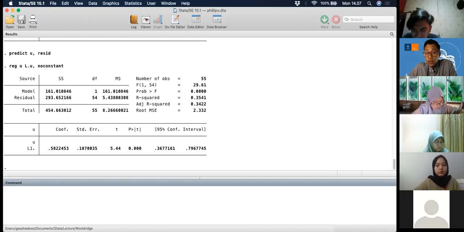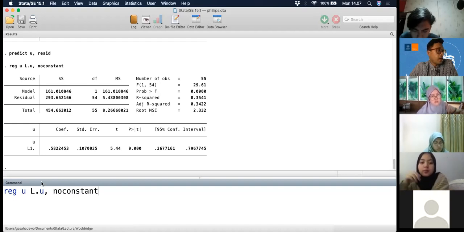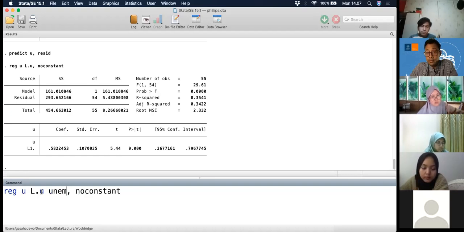Now, if you recall, this particular regression suggests that there is the strict exogeneity assumption. Now, you can actually relax the estimating equation. So instead of just regressing the residual on the lag of the residual, you can actually include the explanatory variable. In this particular case, you can now include unemployment.